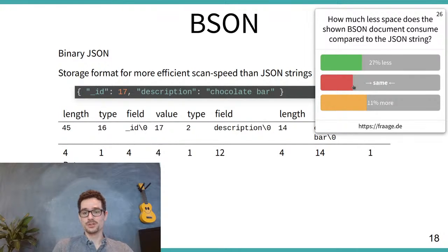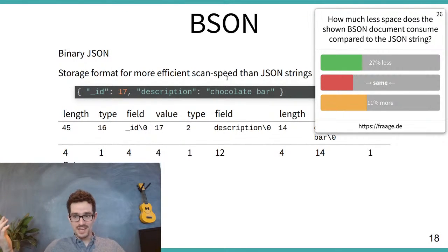So only a very few number of people answered it correctly. I wondered, how can you give an answer so quickly? Maybe you just thought, oh, binary representation, we don't need to store the colons and the double quote characters and so on.